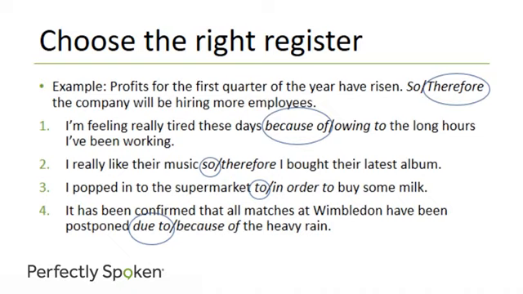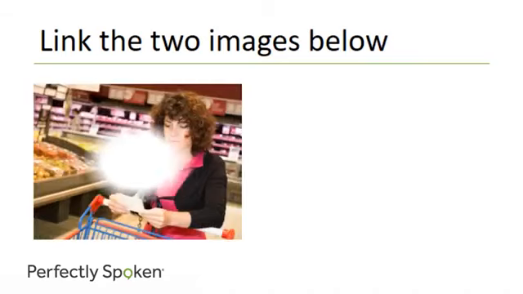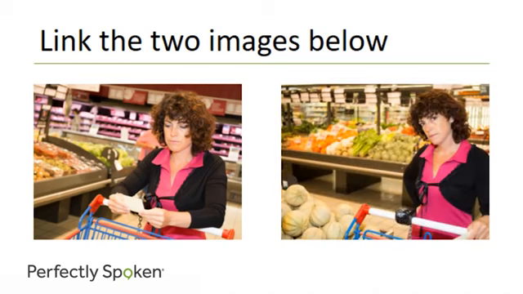Okay, so again, I'm going to give you a couple of images now to try to link and see how you get on with these. Okay, so there's these 2 pictures of the lady. She's gone to the supermarket.